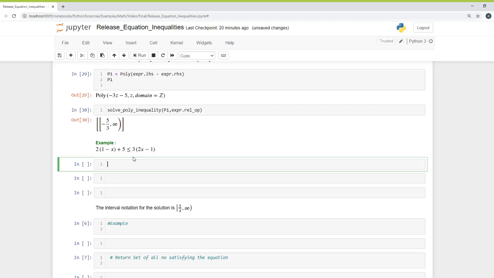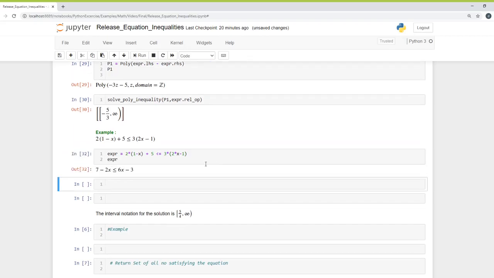For that we have our expression EXPR is equal to 2 into (1 - x) + 5 less than or equal to 3 into (2 into x - 1). So our equation will become 7 - 2x less than or equal to 6x - 3. Now convert it to a polynomial.